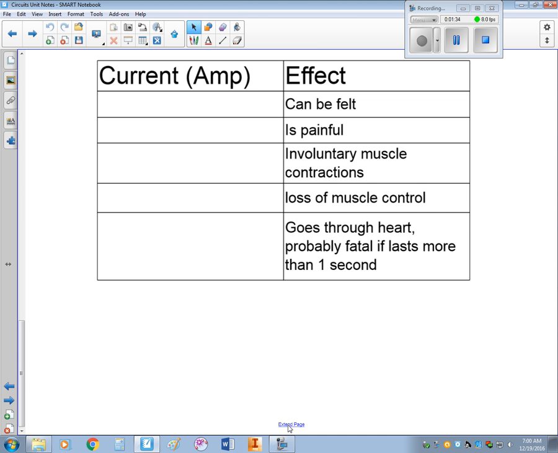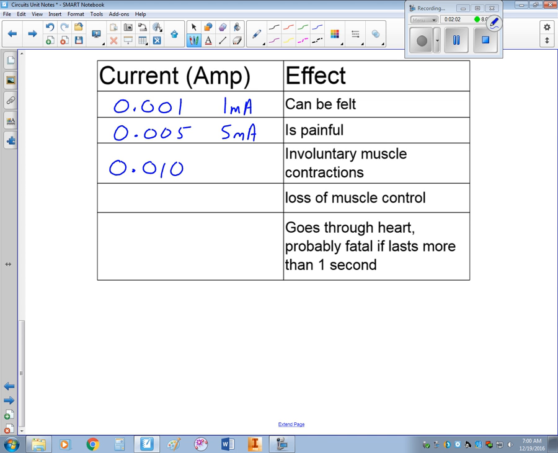So here's some numbers, and this is all current. 0.001, that's 1 milliamp. You can feel that. Five milliamps is painful. Ten milliamps will cause your muscles to involuntarily contract, and that can be dangerous because it can send your heart into fibrillation.